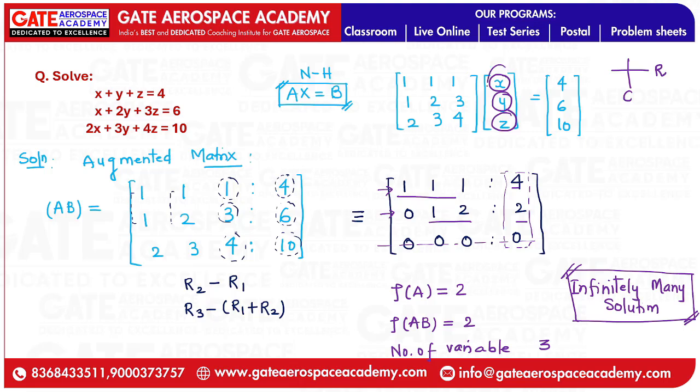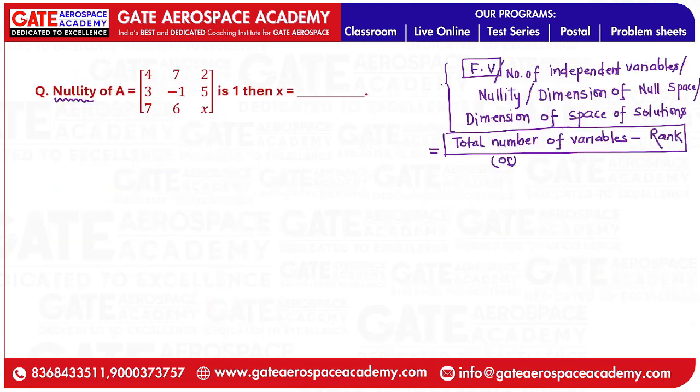So can I say that this is nothing but number of columns? So sometimes we are going to write total number of variables as total number of columns. This will also help you for solving the problems. Total number of columns. Hope you are getting how we are writing total number of columns minus.